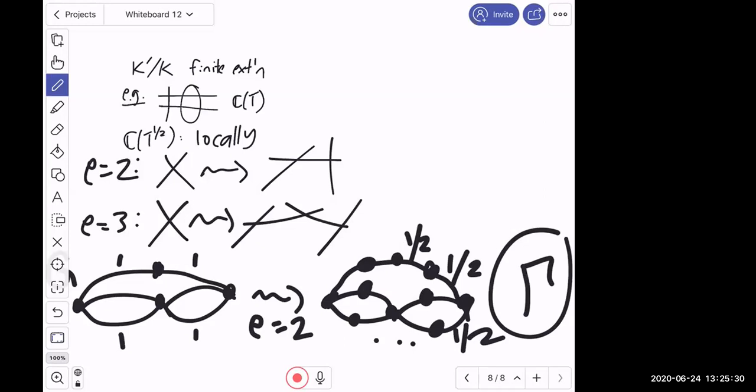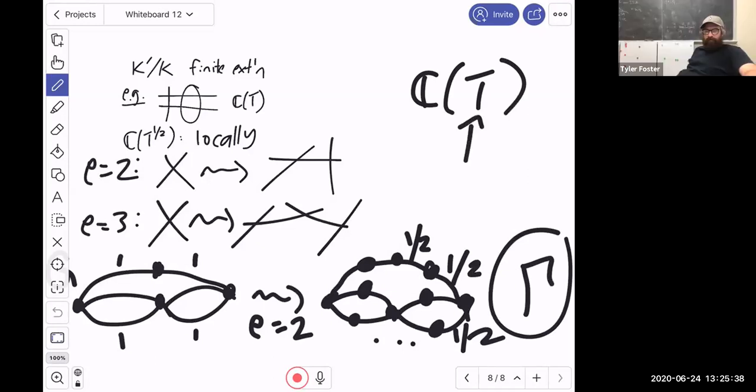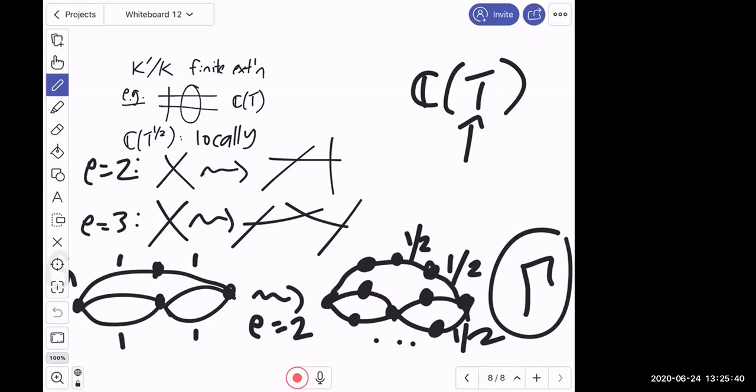Sure. So the maximal ideal in C adjoin T is generated by T, and if you adjoin, let's say you take an extension which contains a square root of T. So you take C adjoin U mod U squared equals T or something like that.